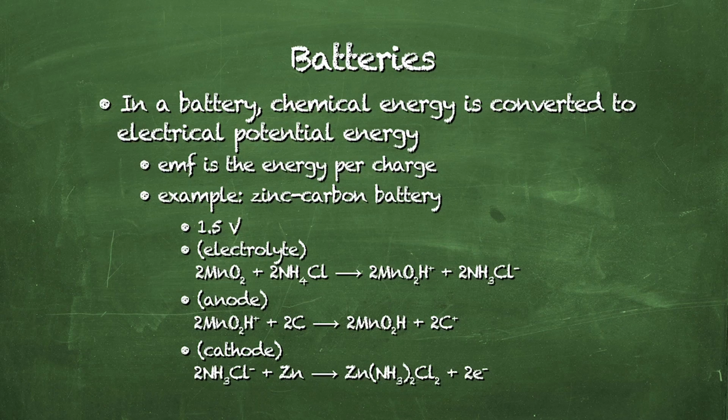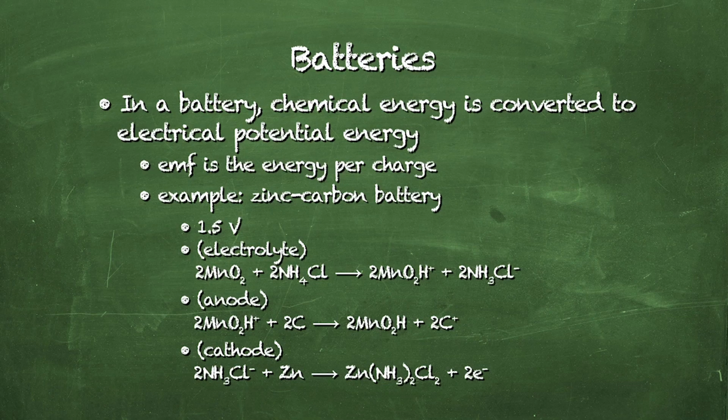At the cathode, the reaction results in giving the cathode two electrons. The net result of this is to create an electric potential difference of 1.5 volts between the anode and the cathode, where the anode is at the higher voltage.